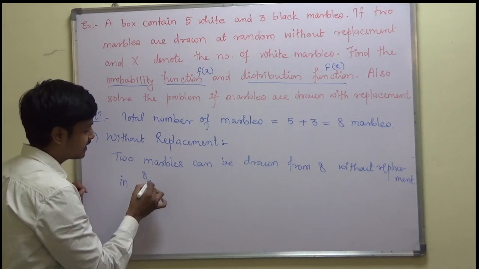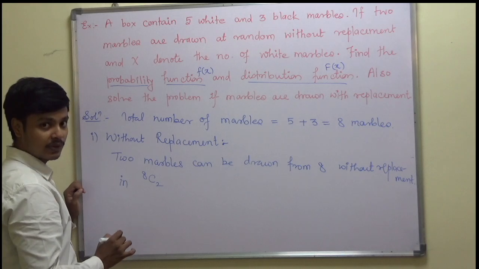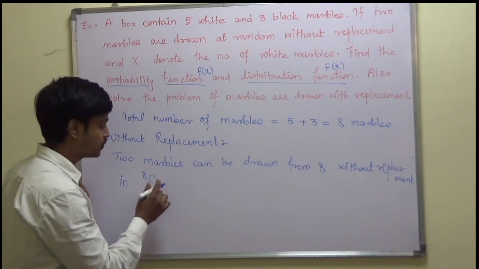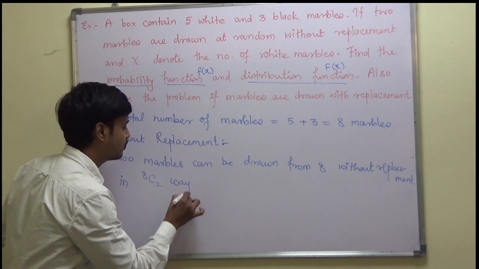Out of 8, select 2, so there will be a combination. Out of 8, choose 2 in 8C2 ways.